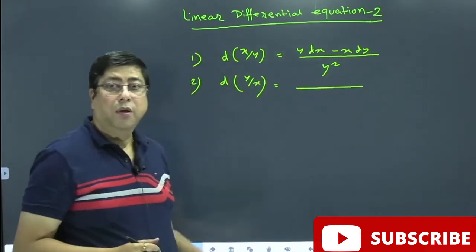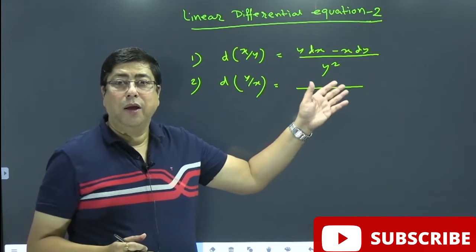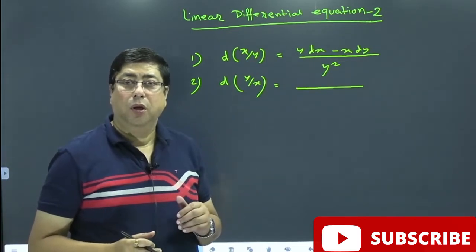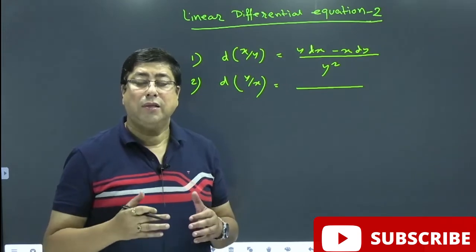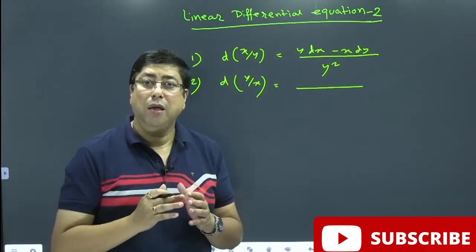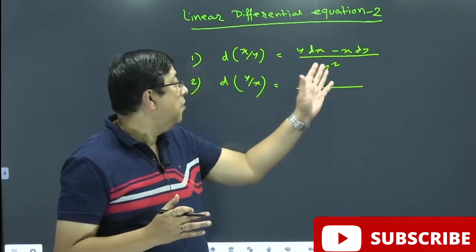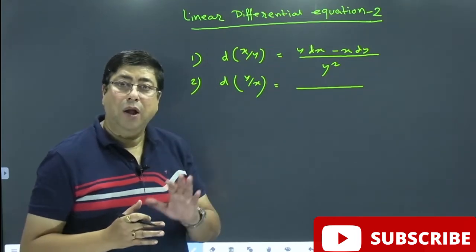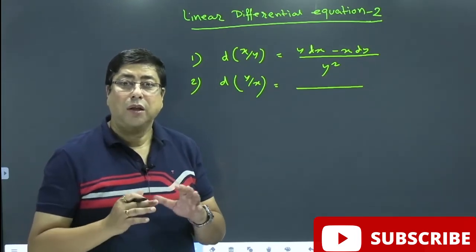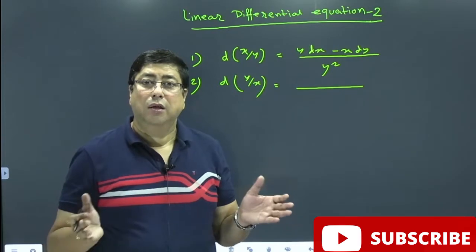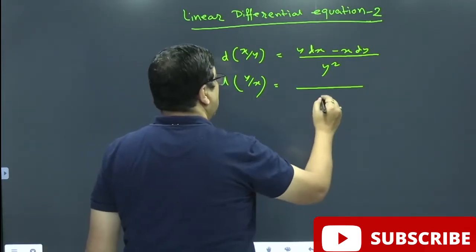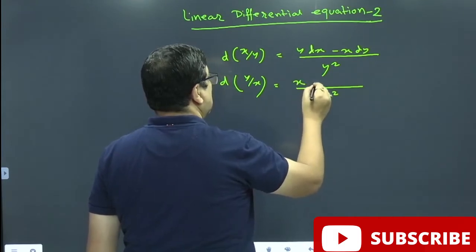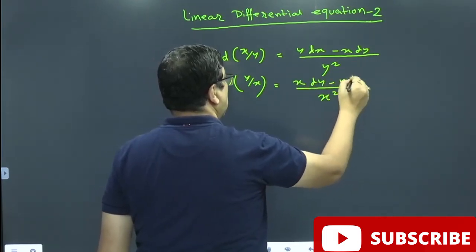Remember everybody, from left to right it is okay, but from right to left it's not so easy. So you have to learn it, otherwise in the examination hall there may be a problem in arranging from right to left. So you have to learn some formulas so that we can get the sum very easily. So d of y by x is (x dy minus y dx) by x square.